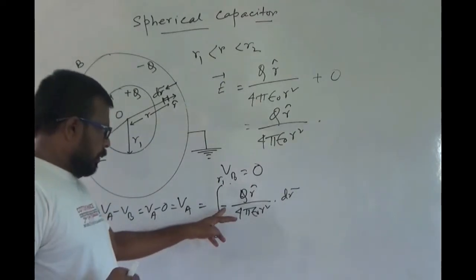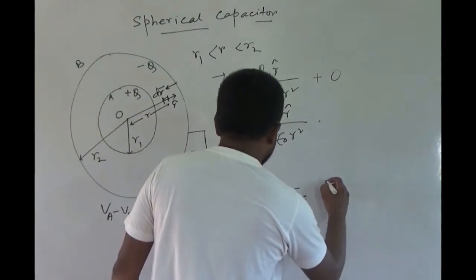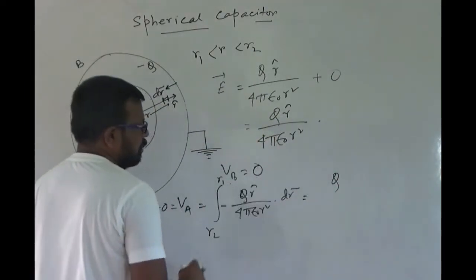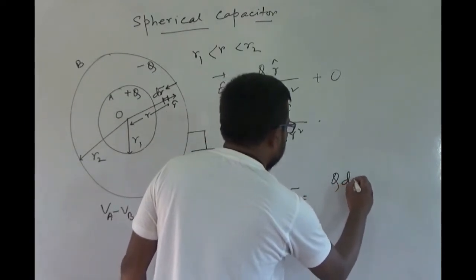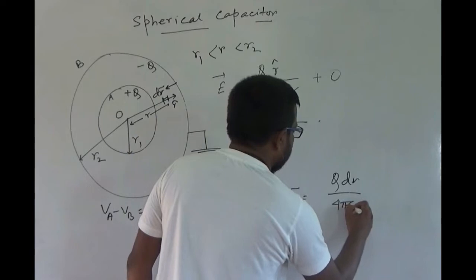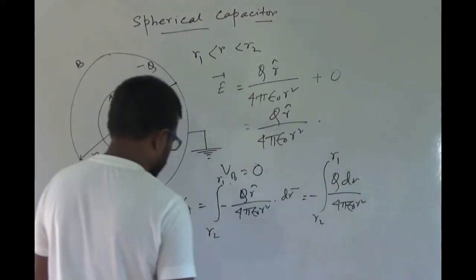That's why you have to put here a negative sign, or you can write q r dot dr is dr q dr divided by 4 pi epsilon naught r square, integration from r2 to r1.